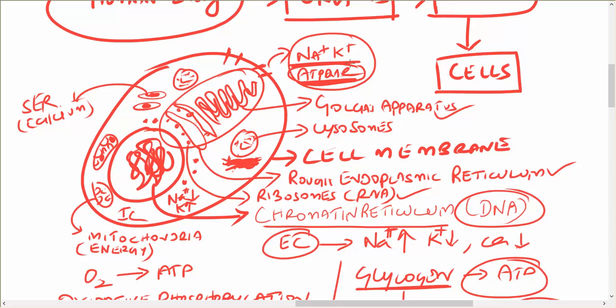This channel is very important, but it requires energy, so it is called an active channel. It requires energy, so they get the ATP and break it to get the energy. This ATP comes from mitochondria.